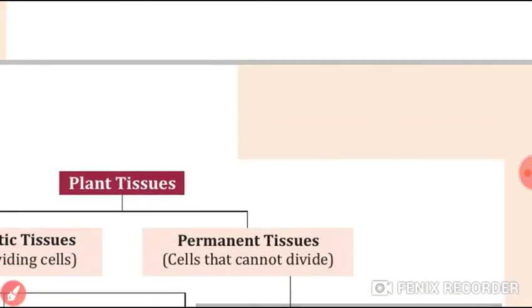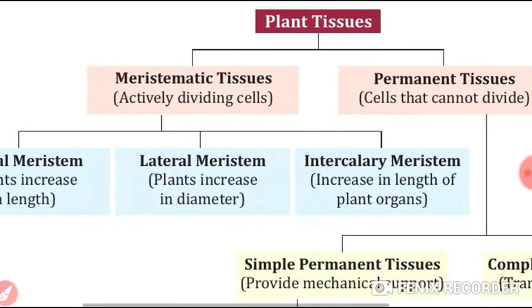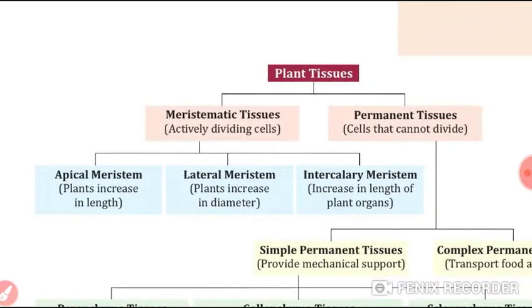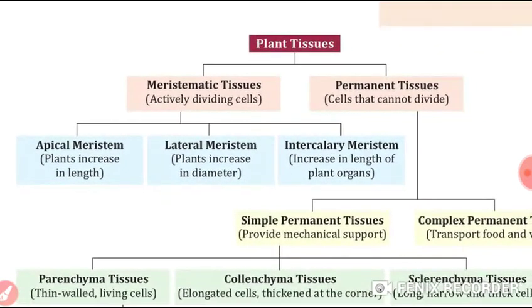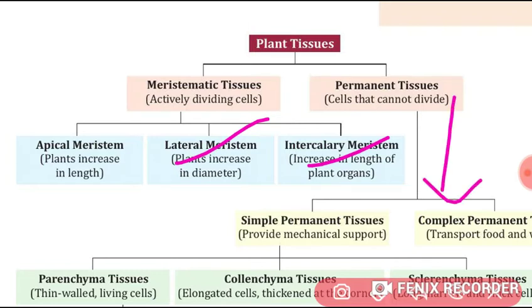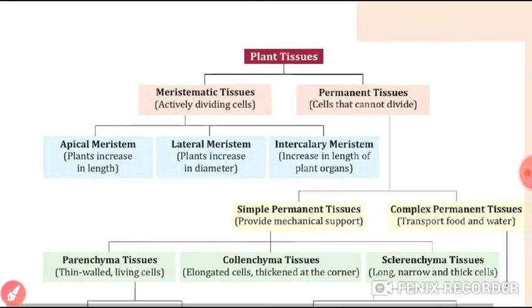So, students, now we will see the chart of plant tissues. Plant tissues are of two types: meristematic tissues and permanent tissues. Meristematic tissues divide into three parts: apical meristem, lateral meristem and intercalary meristem, while permanent tissues divide into two parts: simple permanent tissue and complex permanent tissue.